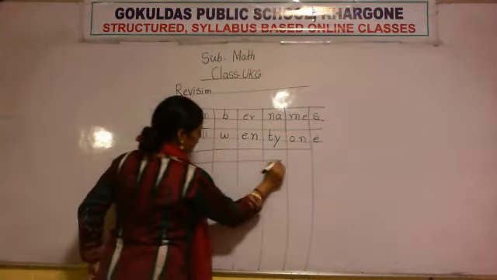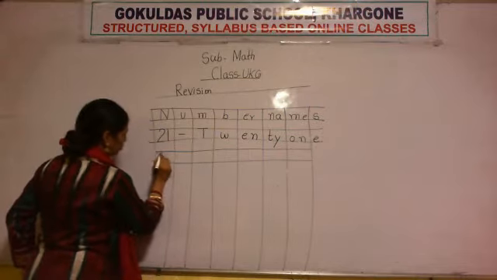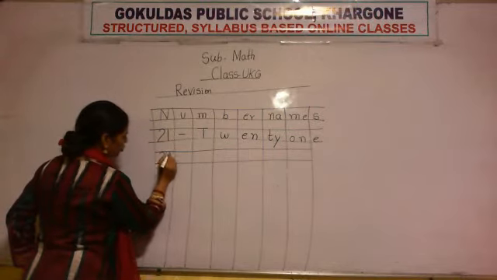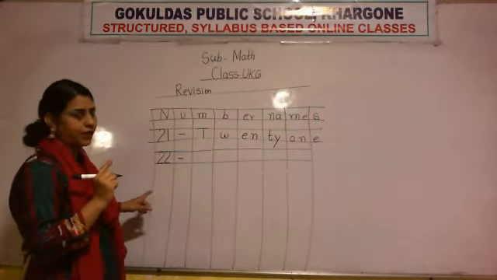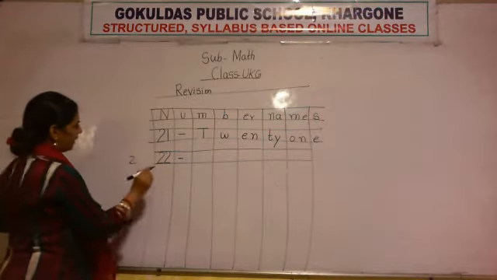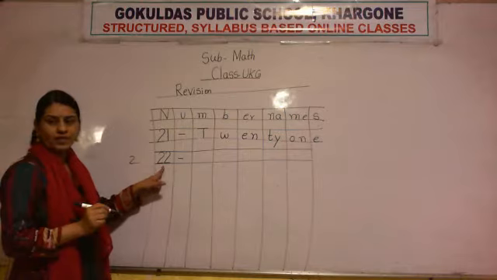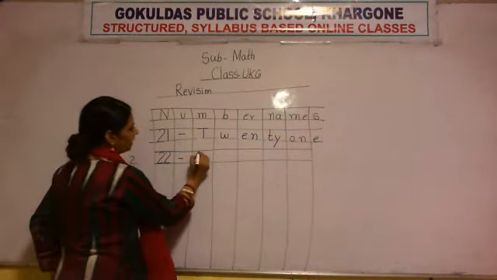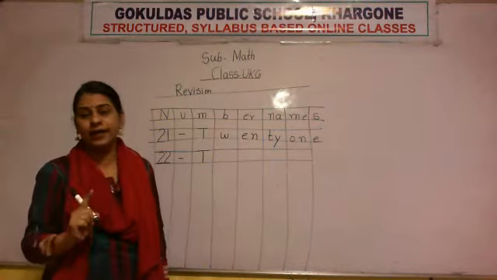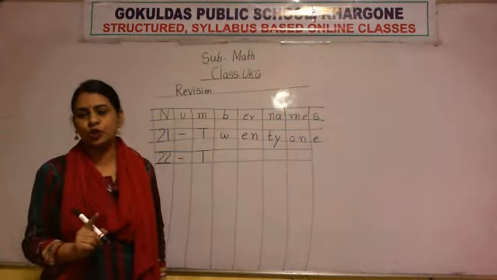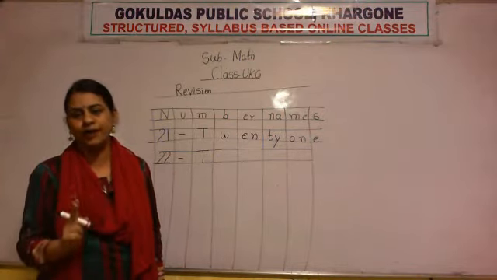Now write here the spelling of 22. Write 2 in the proper manner. Don't write like this; this is the proper manner of writing 2. Now write the spelling of 20 once again, because what we are saying here is 22, that means 20 plus 2.